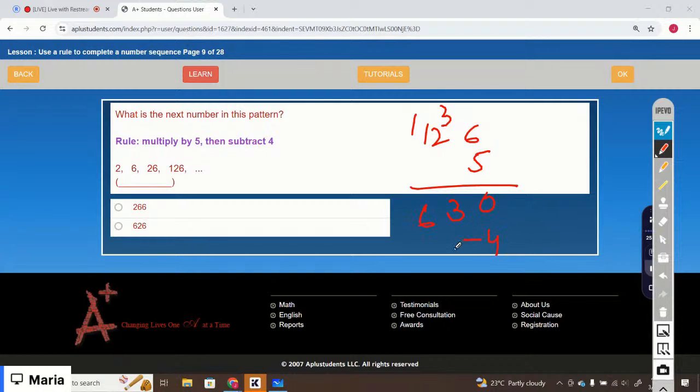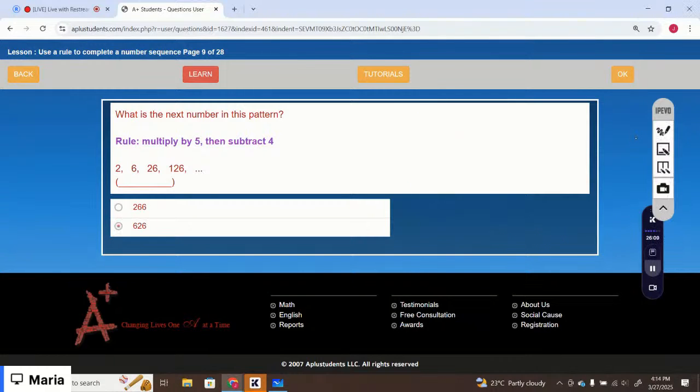We have to subtract 2 now. Option number 2 is the correct option. Okay, you can complete the lesson by yourself today. Let me just move on to the next lesson.